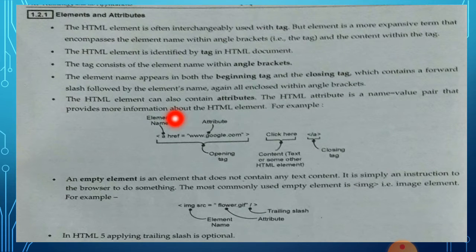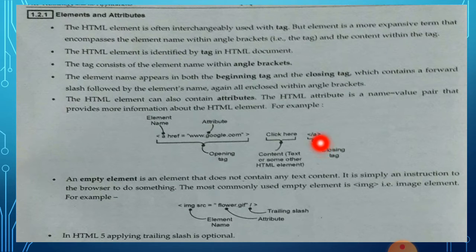So here in this example, href is equal to www.google.com. A is an element name. It must be provided within angle braces. The element name appears in both the beginning tag and the closing tag, that is, here A appears in the opening tag, and here we are closing the a tag.